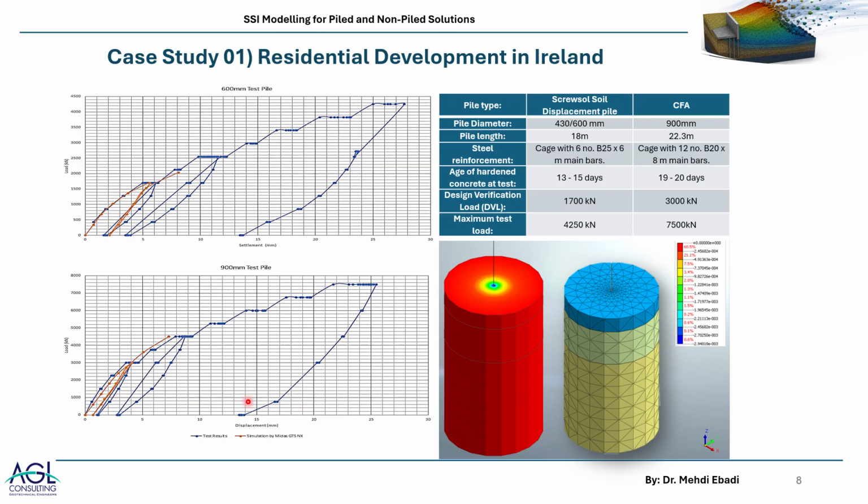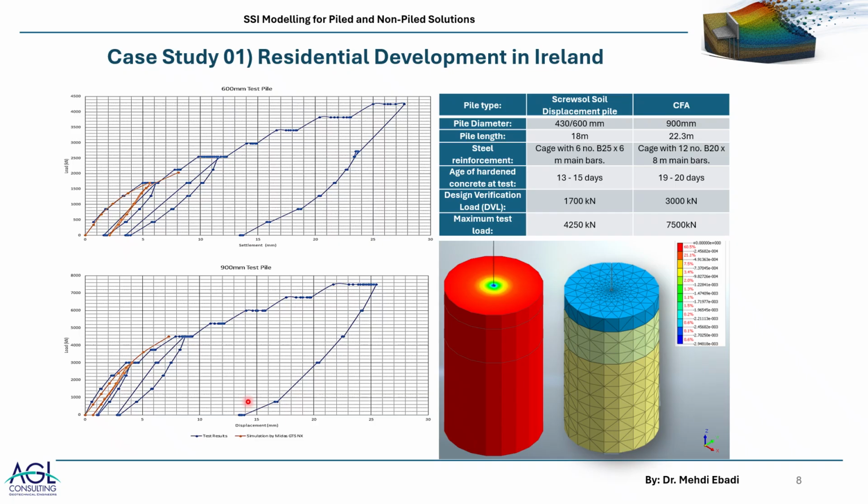So these two piles, as shown in the previous slide, were in the area just beside each other, and they were going to be installed and constructed by different methods. As I said, one of them is a screw-type soil displacement pile, and the other one is the normal CFA pile.